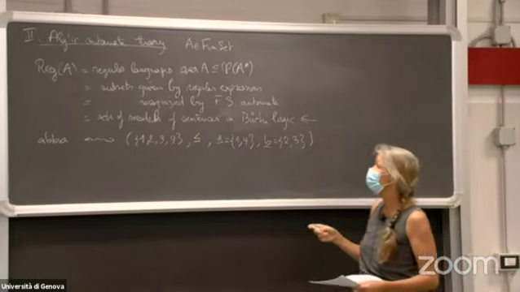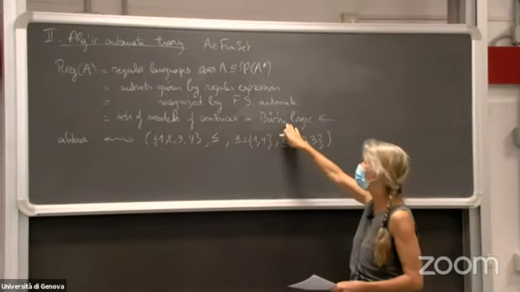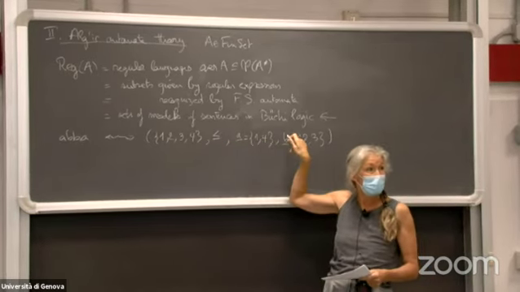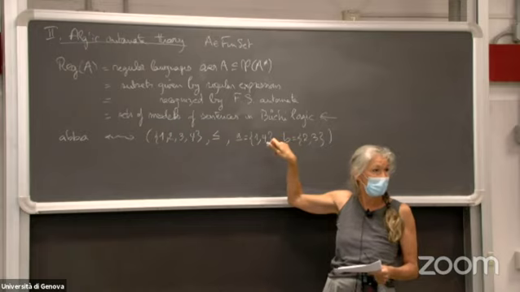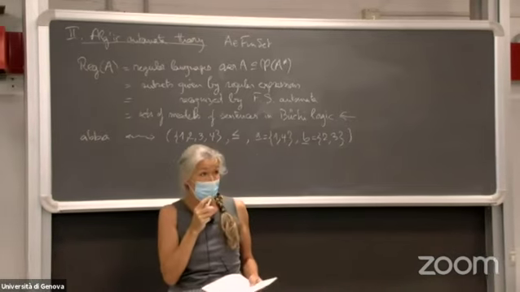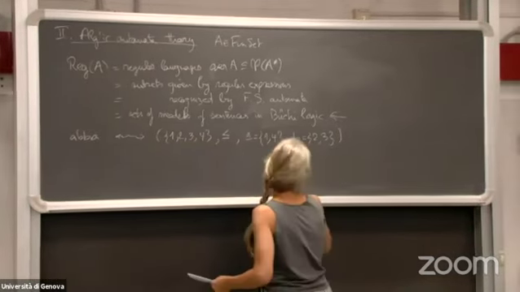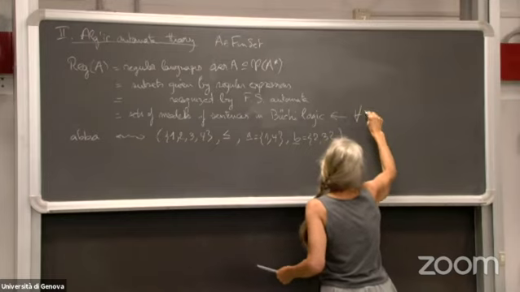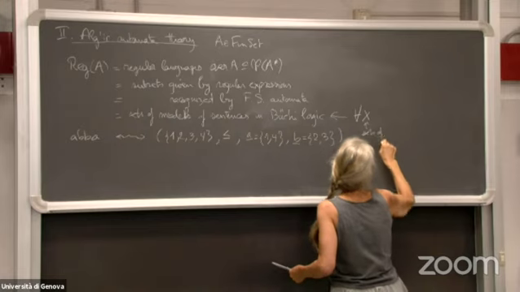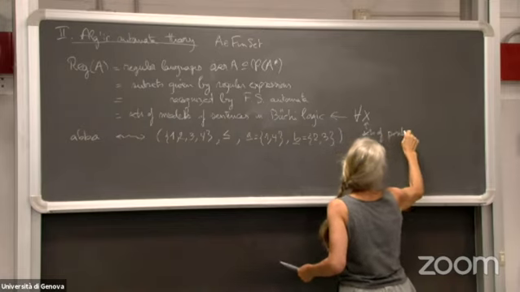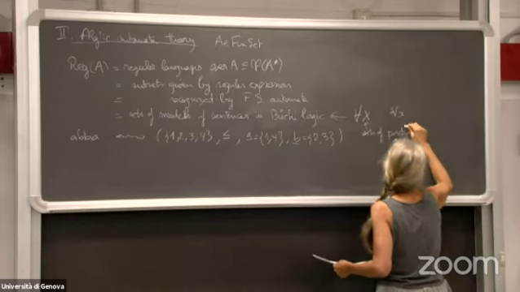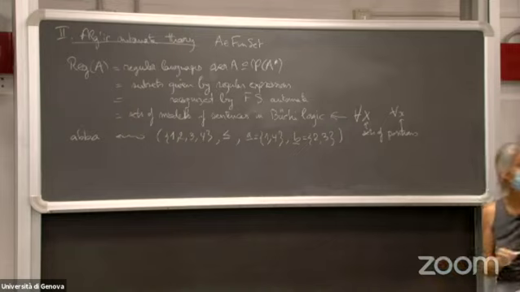And now the point is, what is this logic? It just has this order symbol and the unary predicate symbols for each letter. And then you're allowed to do monadic second order logic. So you're allowed to quantify over sets of positions, and you're allowed to quantify over positions.